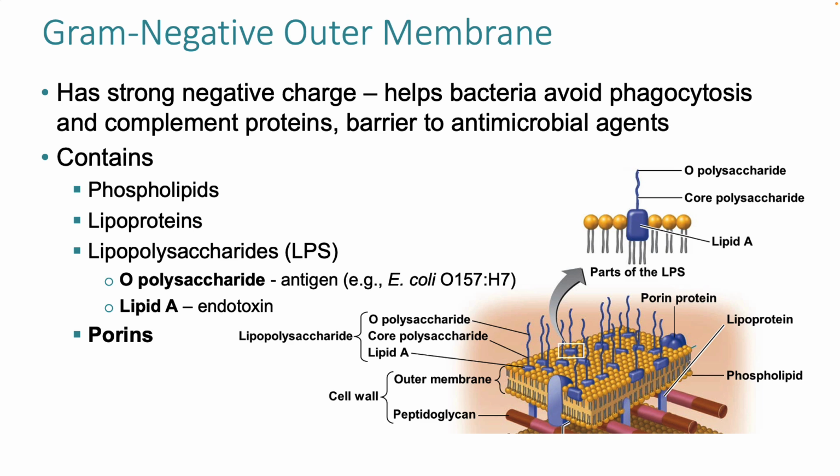So when people go into what's called septic shock, a lot of times that can be happening because of the presence of this endotoxin. So when these cells lyse, or as they're dividing, they can release some of these molecules of LPS, therefore release lipid A, which causes that response in people.